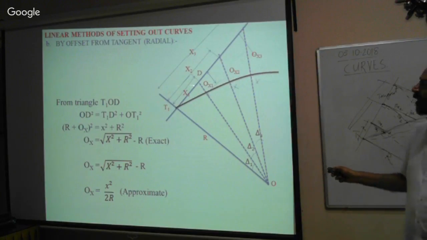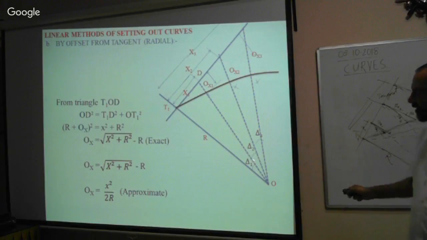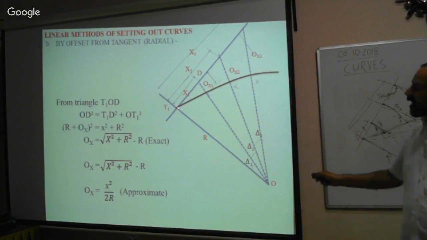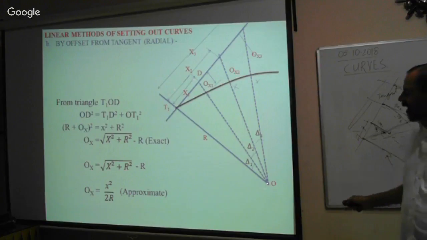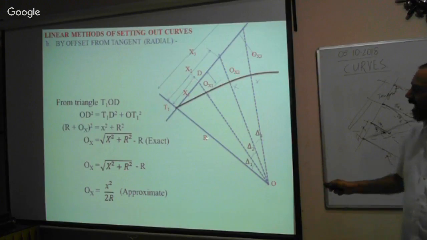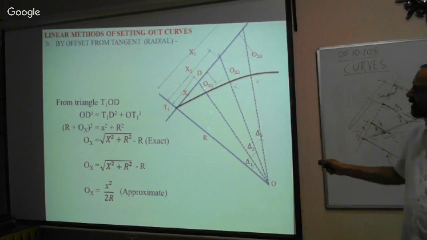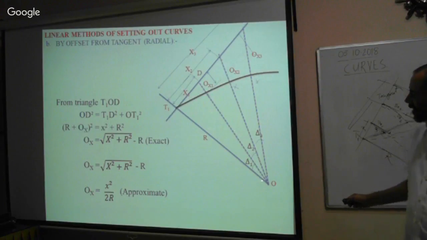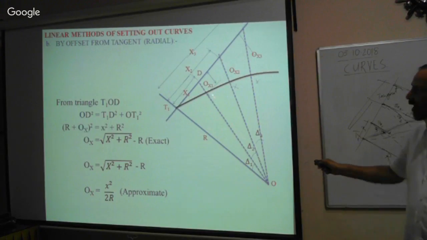It is Ox1, where O is the offset, and X is at a distance, the first one being X1. Similarly, the radial offset in the radial direction. Consider this triangle. R is known. Now this is how much? R plus.